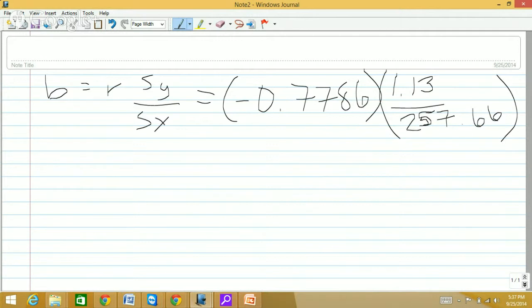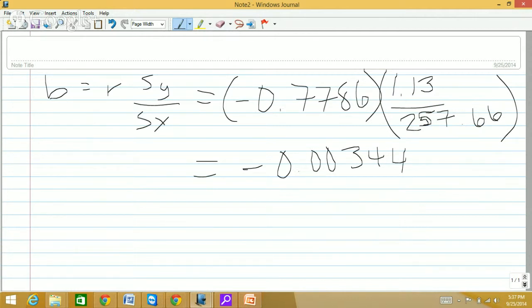And when they simplify that, they get that their slope is negative 0.00344. Okay? And to find the equation of our line, we also have to have our A. So to get our A, we have to use our equation that they gave us for that.